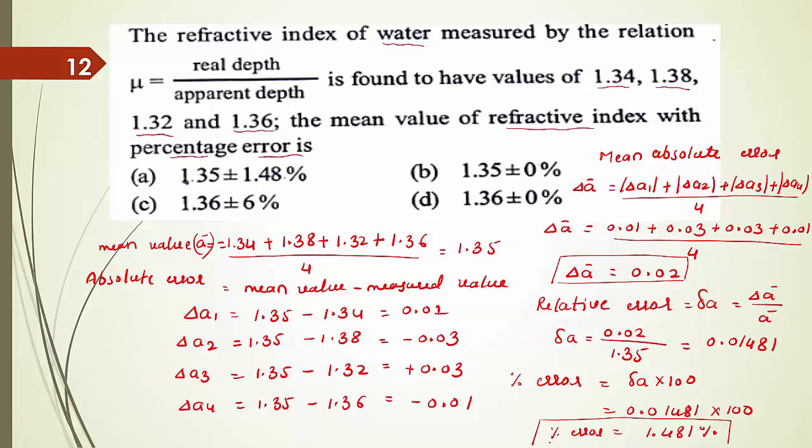What is the final answer? 1.481%, about 1.48%. That indicates option A is the right answer, because mean value is 1.35 and percentage error is 1.48%. So option A is right.